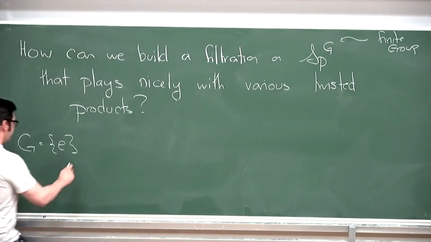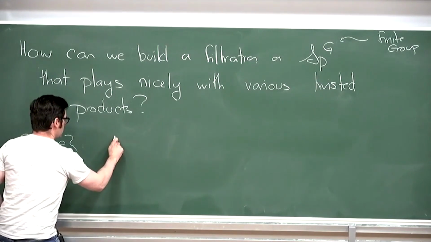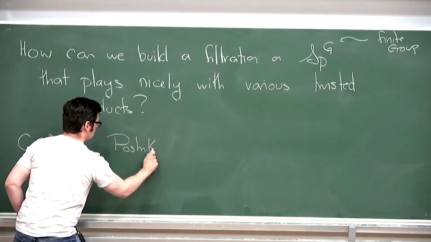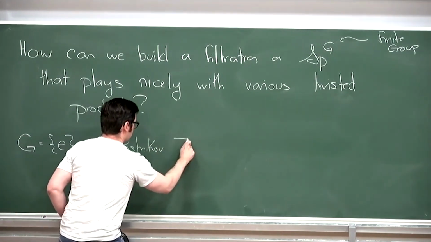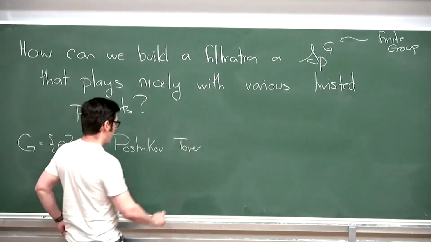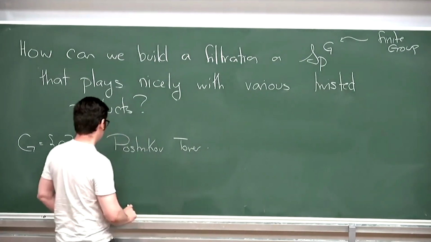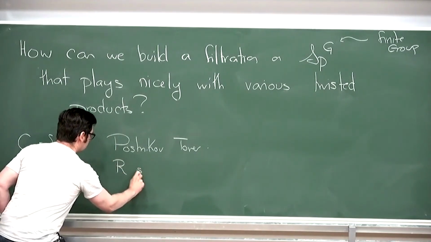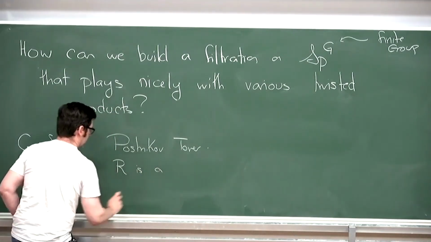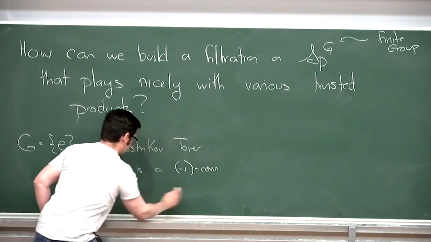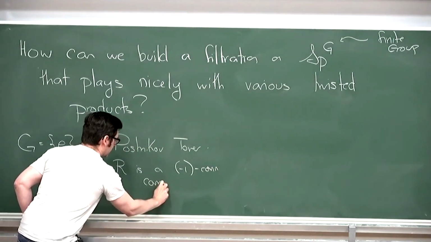And so the example here, in fact, the usual Postnikov tower works very well with products. But in fact, it does so in two ways that are important. So let's say that R is a -1 connected commutative ring.